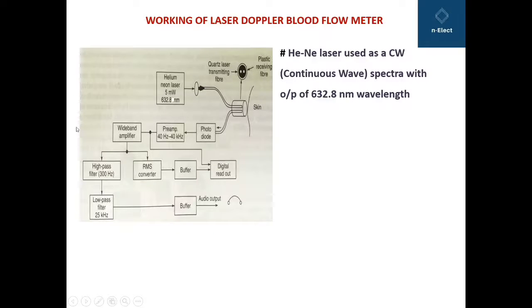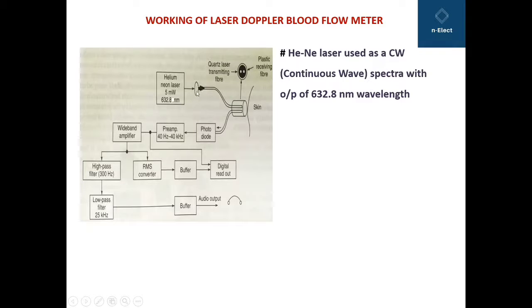Here you can see the block diagram for the laser Doppler blood flow meter with different blocks shown in the figure. Here the patient is there, the skin of the patient is shown, and that is in touch with this quartz laser transmitting and receiving fiber. Here is the helium neon laser source of around 5 milliwatts and 632.8 nanometers wavelength.